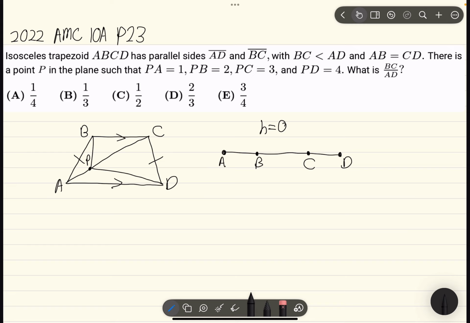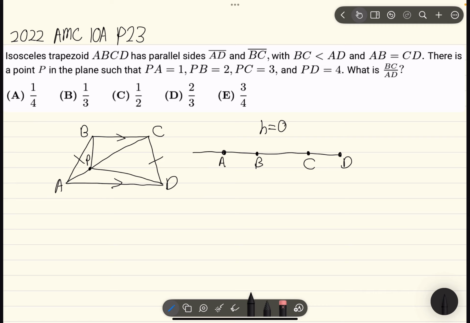So where is P? That's the big question here, right? Where is P? Alright, so PA is 1, and PD is 4. Well, after some thinking, it's pretty intuitive. There's no really complicated thought process here.